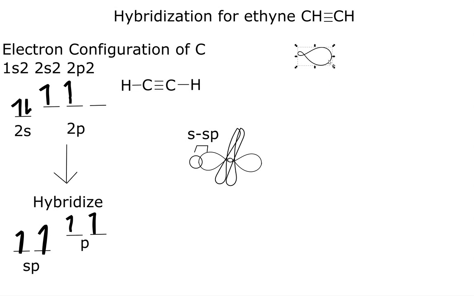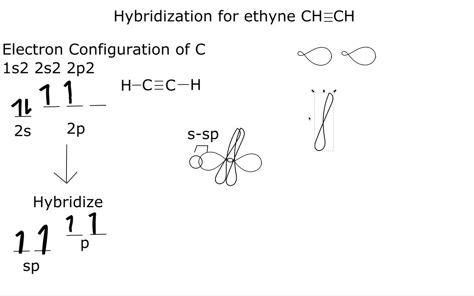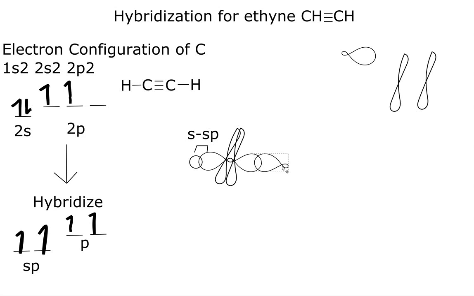We have 2 sp orbitals. We also have 2 pi orbitals, 2 p orbitals. And let's arrange it. So, like this, we have a bond there, our other sp orbital, and our pi orbitals.